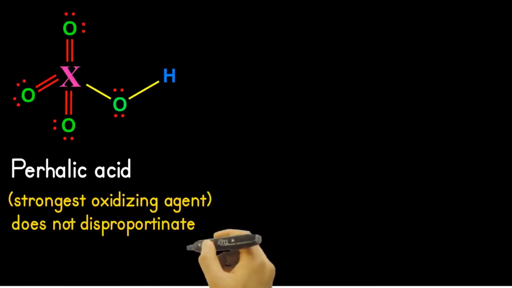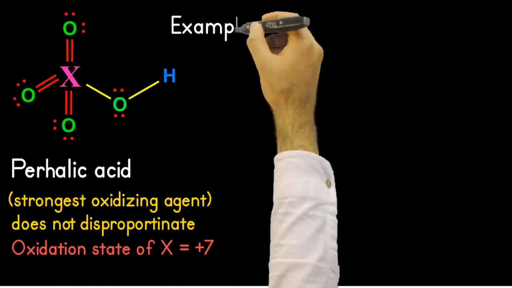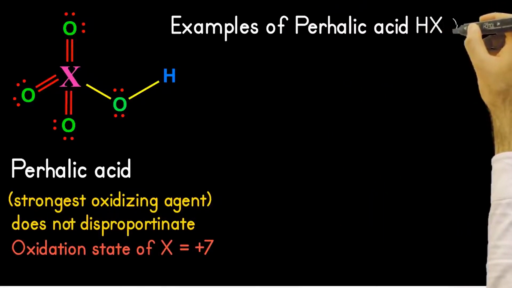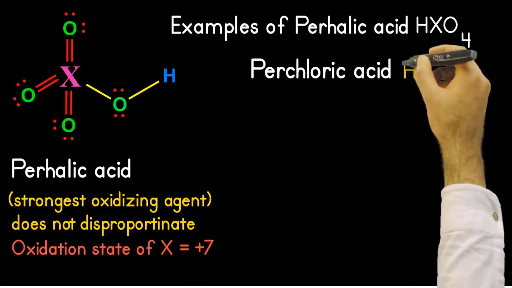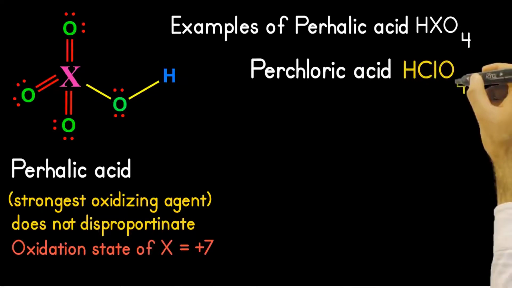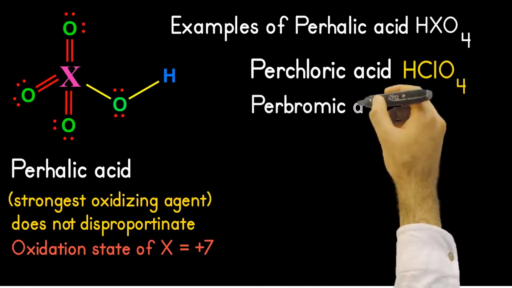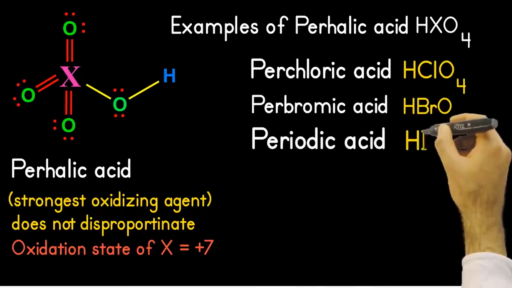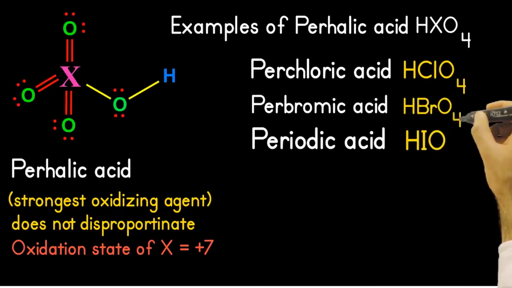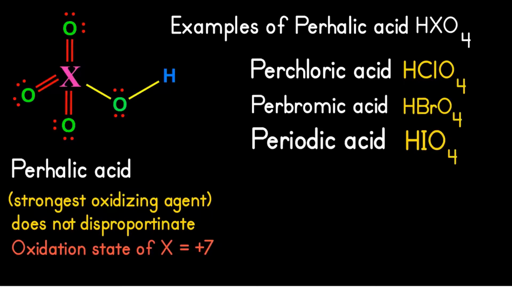Perhalic acid is the strongest oxidizing agent among all oxyacids of halogen. It does not disproportionate, it means it cannot be further oxidized. Oxidation state of halogen is +7. The examples of perhalic acid HXO4 are perchloric acid HClO4, perbromic acid HBrO4 and periodic acid HIO4.